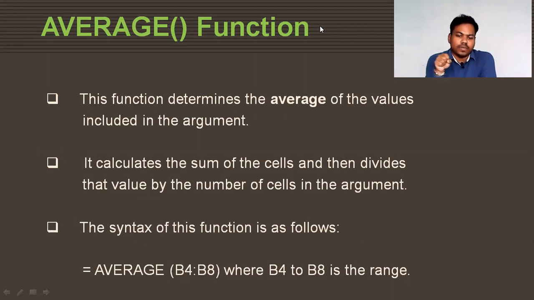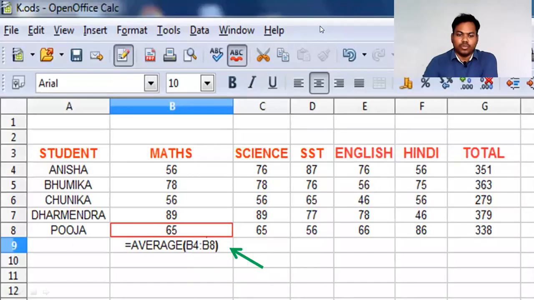Now the syntax of this function is as follows. In the same way, in place of sum, we will write average, and in the parenthesis, we will mention the range of the cells, that is from B4 to B8. See here, if I want to calculate the average of the maths marks of these 5 students, what is the normal way of calculating it? 56 plus 78 plus 56 plus 89 plus 65.